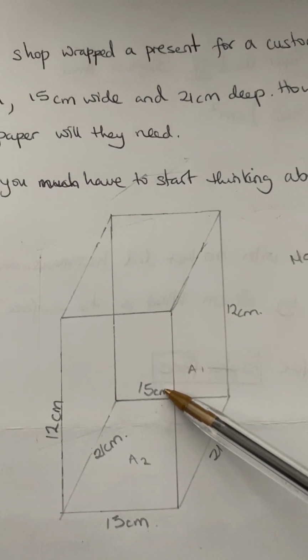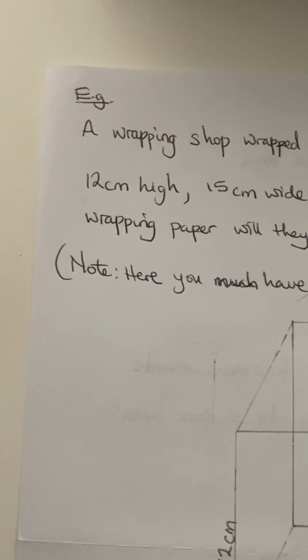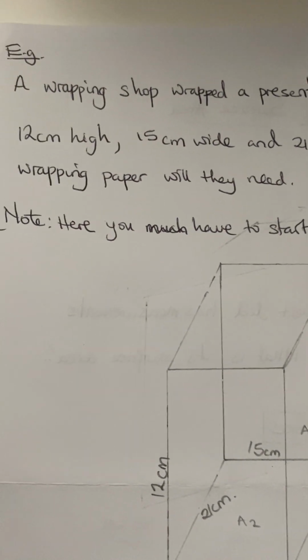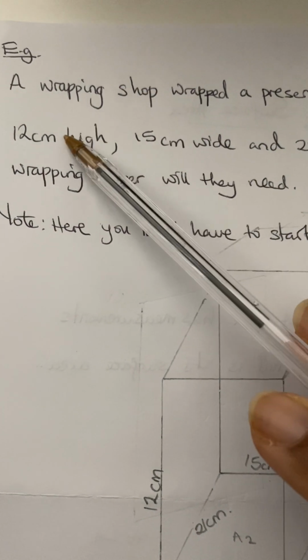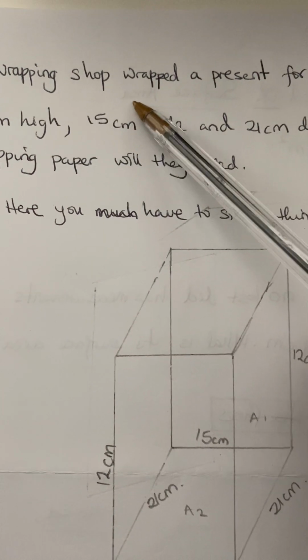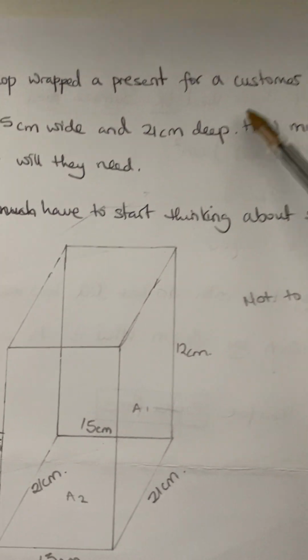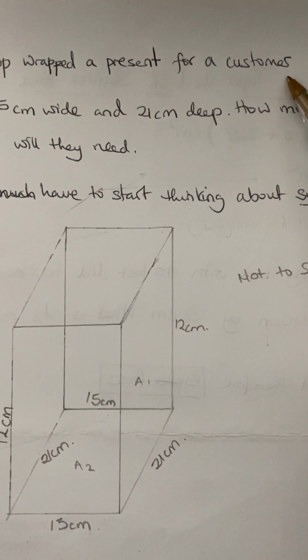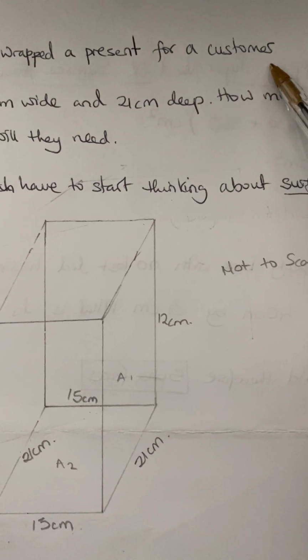I drew the diagram, that is why it's not to scale, so that I can see what I'm working towards. But look at the wording. A wrapping shop wrapped a present for a customer. It's getting to Christmas, so people will start wrapping their presents.